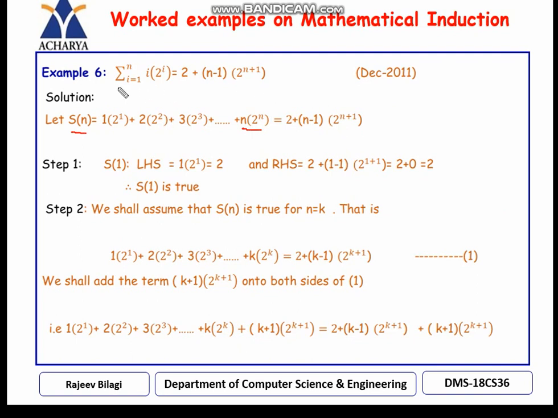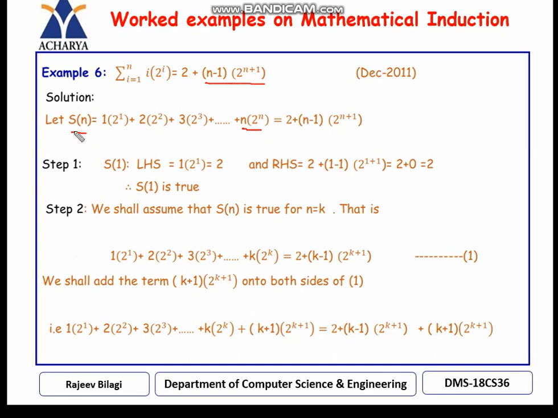Okay, next problem is sigma i equal to 1 to n of i into 2 to the power of i, which is equal to 2 plus (n minus 1) into 2 to the power of n plus 1.